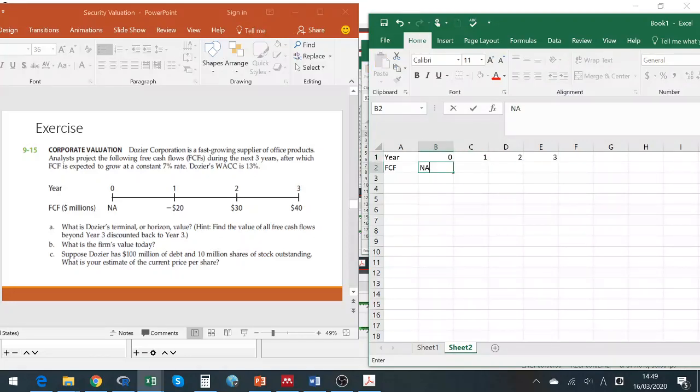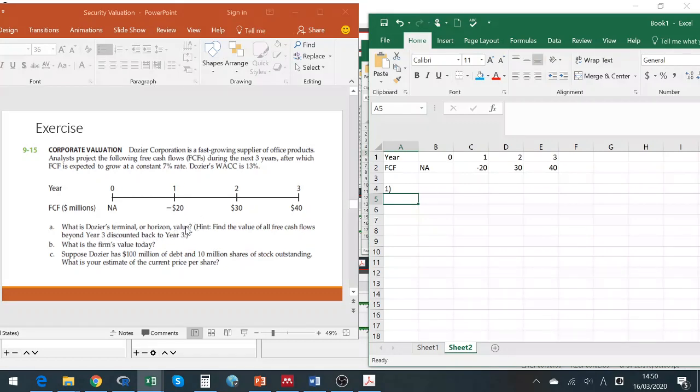Year 0, there is no cash flow for sure. Year 1 you get minus 20, then 30, then 40. First question: what is the terminal value?